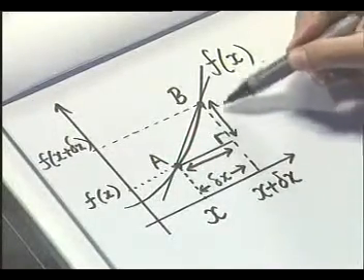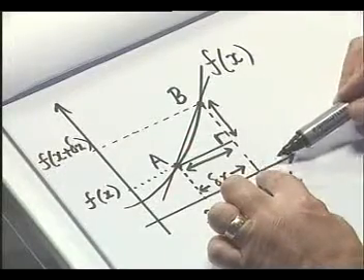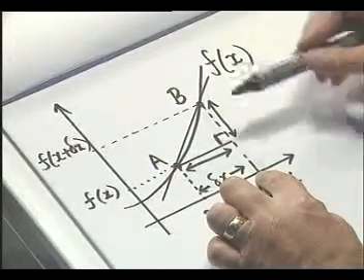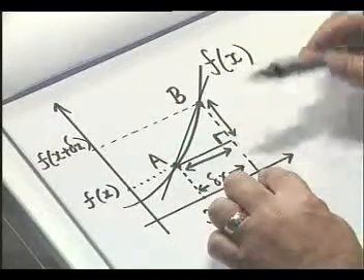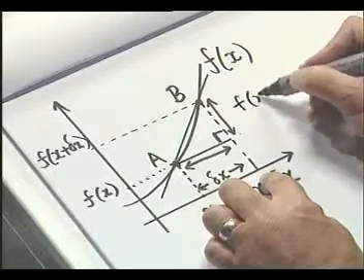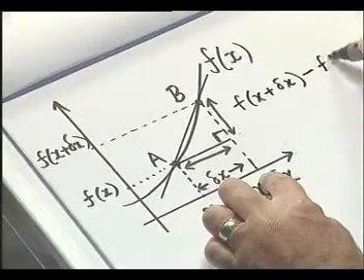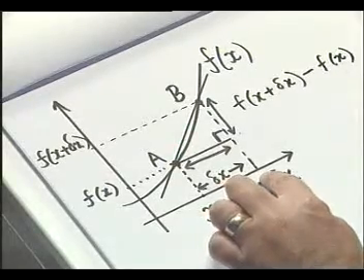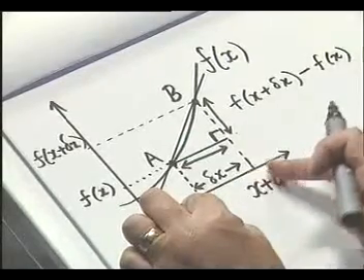Now, this distance is very straightforward to work out. It's the larger distance from the x-axis up to B, subtract the smaller distance from the x-axis up to A. In other words, this distance in here is f of x plus delta x minus f of x. This distance in here is just delta x.